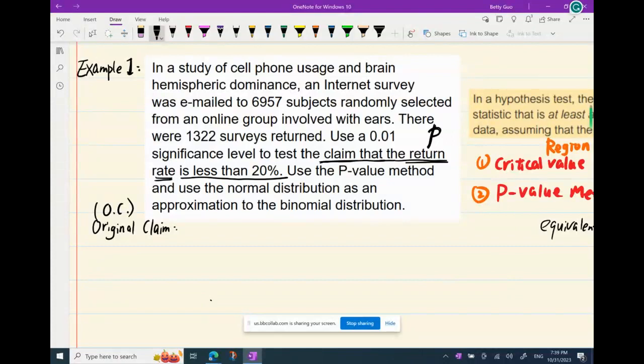So that's our original claim. And we are going to write the original claim in symbolic form. The symbolic form of this claim is P is strictly less than 20%. Normally we don't really write 20%. We would convert the percentage to its equivalent decimal.